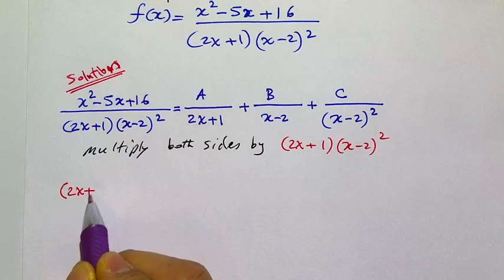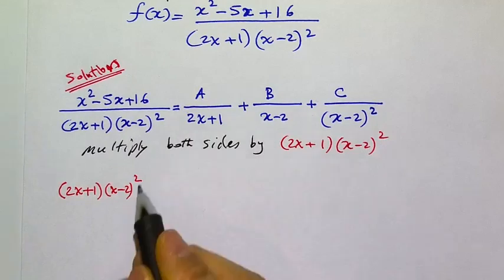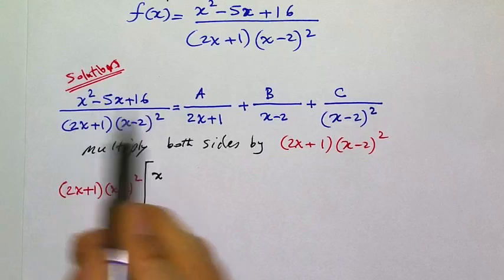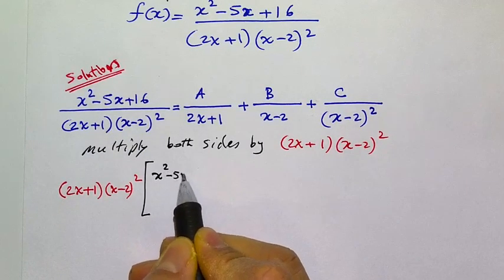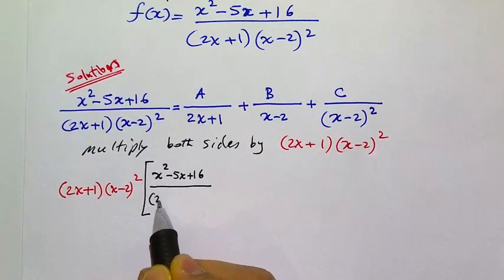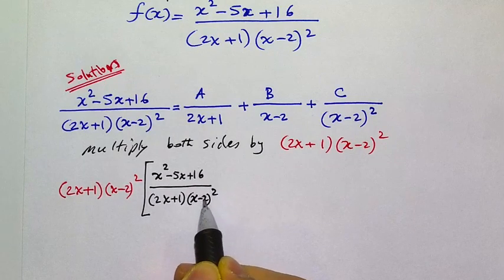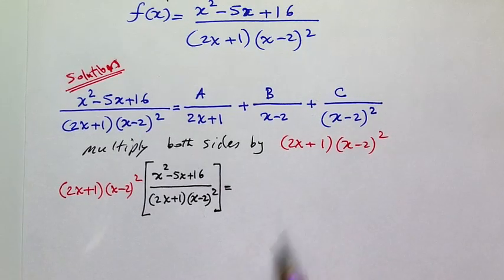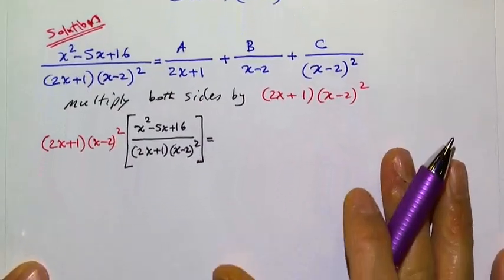So I'm assuming you've done that, and now you have your own solution in front of you. I'm multiplying the left side by that whole thing, because I know that will clear that fraction, right? So x squared minus 5x plus 16 divided by 2x plus 1 times x minus 2 squared, close bracket, equals, now I'm going to multiply all of the right side by this.